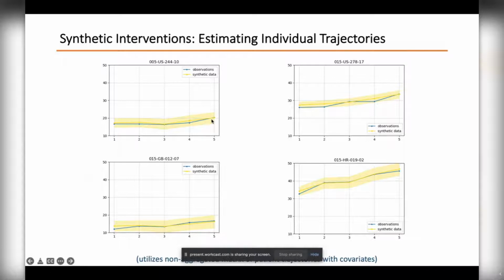Now, using just that patient's pre-treatment covariates, we're going to use this method to predict this entire trajectory. And then, of course, the confidence interval. And this is what we get. And as you can see, across different patients, these things are very heterogeneous. And somehow the method is able to get the right prediction.